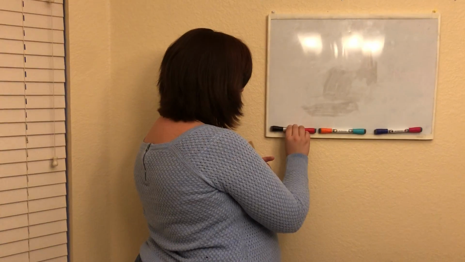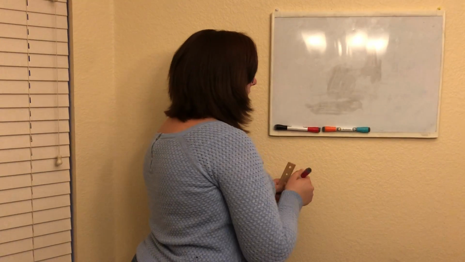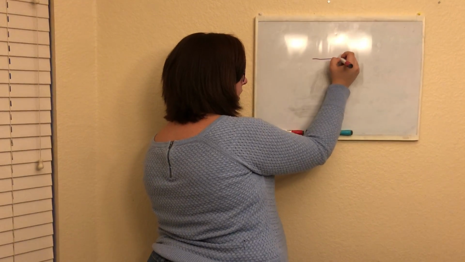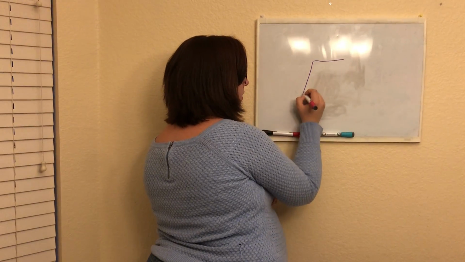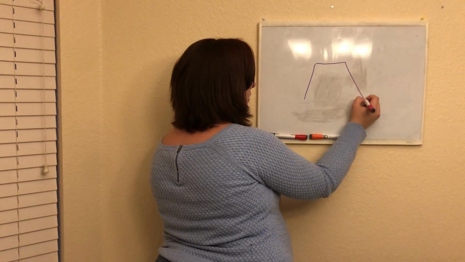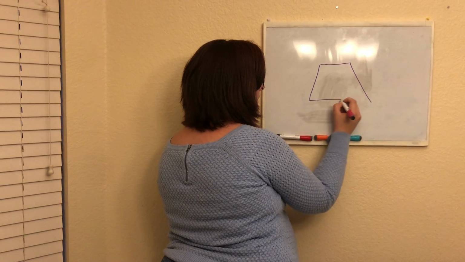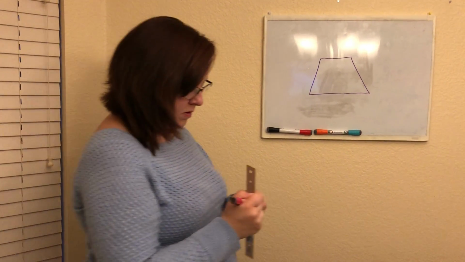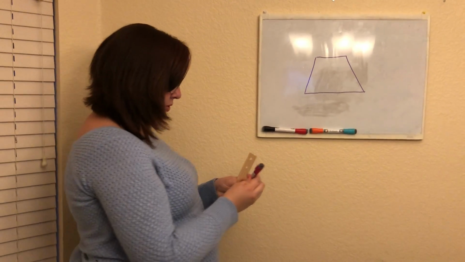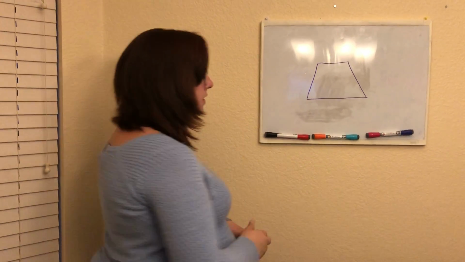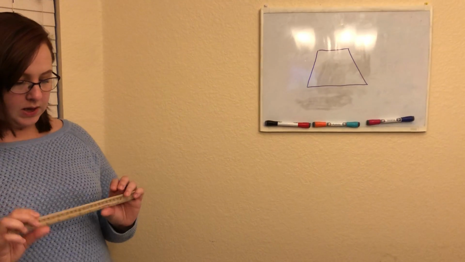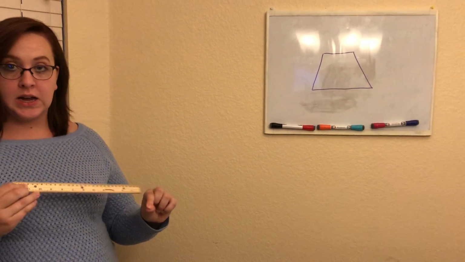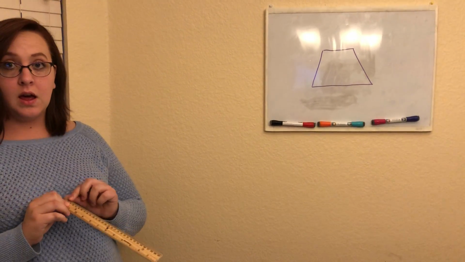So, let's see. Let's do a trapezoid. Okay. Now, this trapezoid doesn't have any numbers on it, does it? No. Okay, so now we need to find the centimeter side of our ruler.